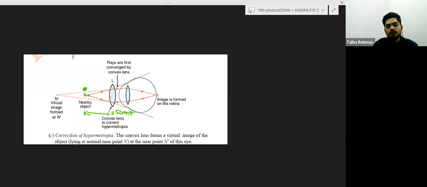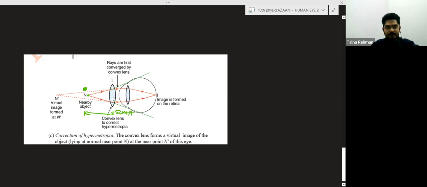This green color is the actual path of the rays due to this nearby object. But this lens diverges these rays like this, and finally these rays fall on this eye lens, and the image is formed on the retina.